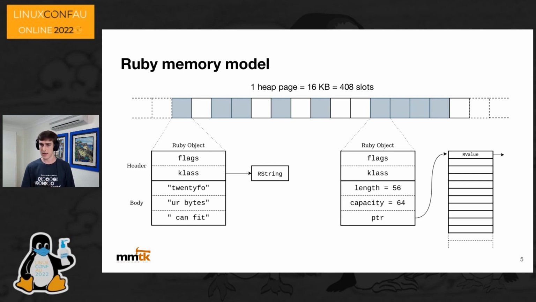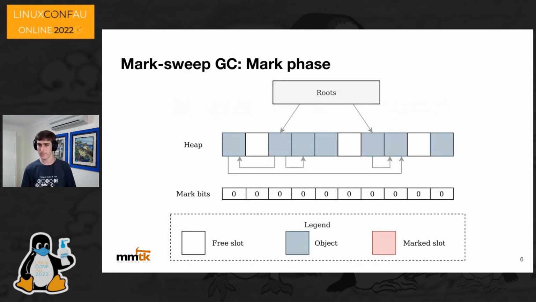So now that we understand how Ruby stores its objects, how does Ruby actually do garbage collection and automatic memory management? Ruby uses what's known as mark-sweep garbage collection, which has two phases, a mark phase and a sweep phase. In the first half, the mark phase, we determine what objects are reachable from the roots of the program, where the roots are objects on the stack, local variables, global variables, anything that the program can access at a particular point in time.